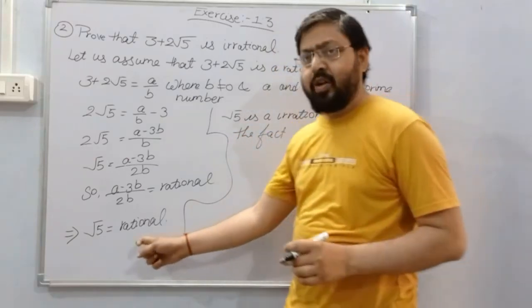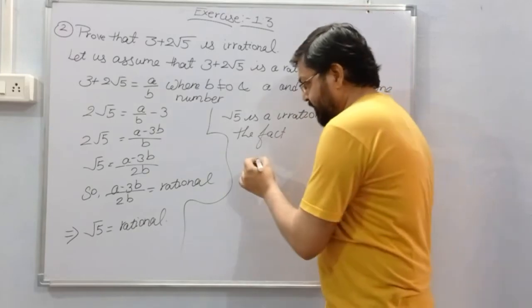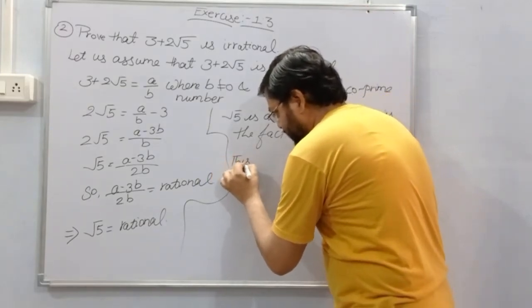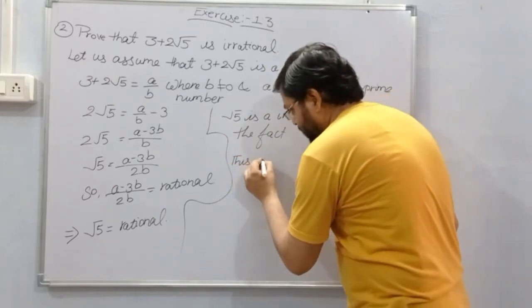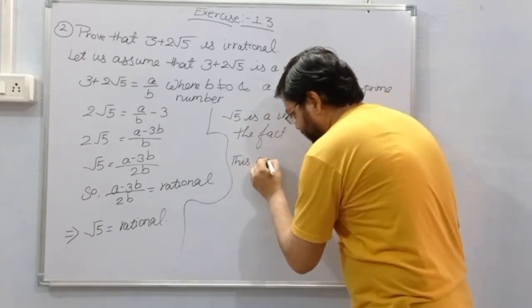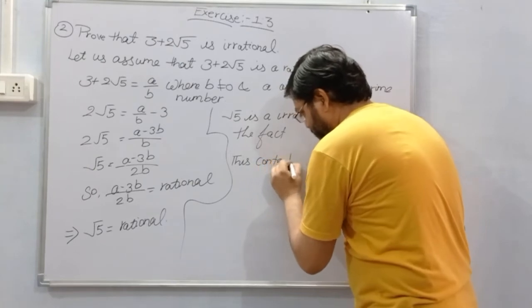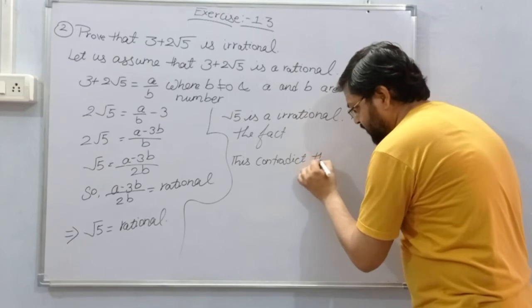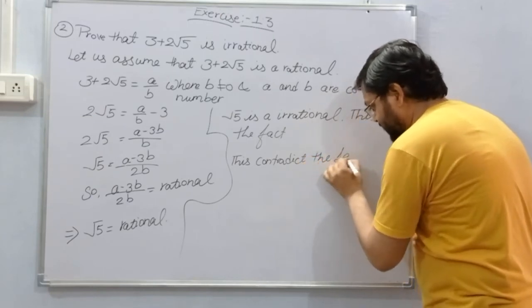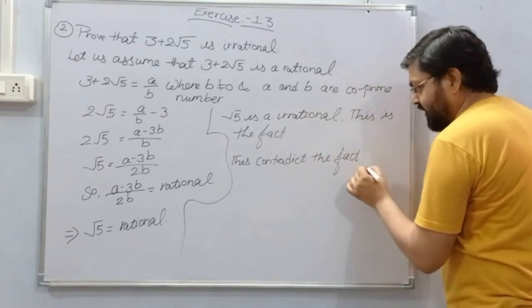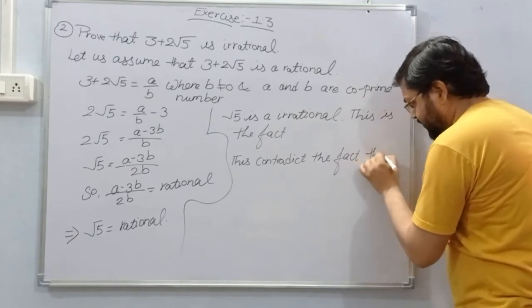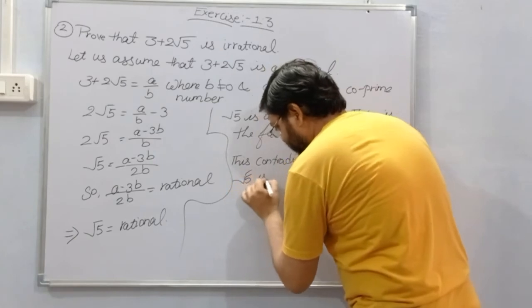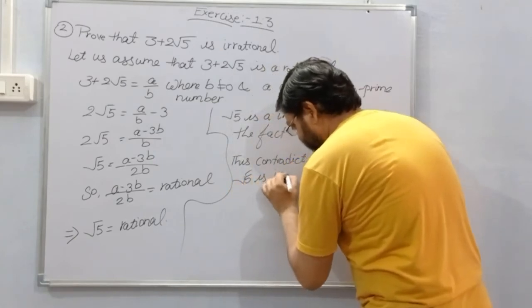And this thing contradicts the fact that root 5 is irrational.